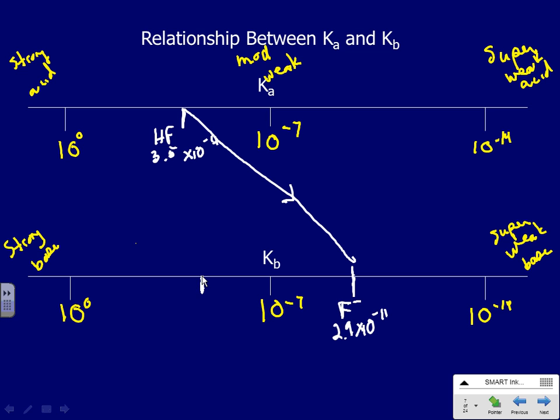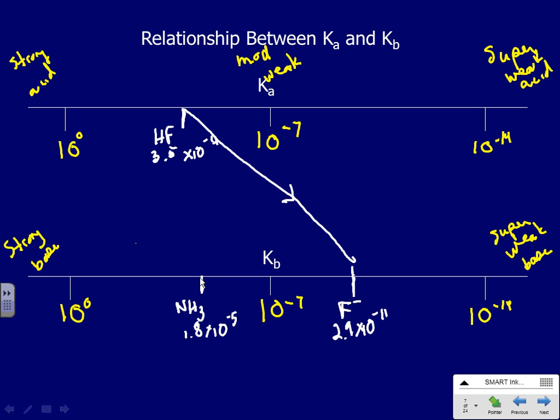I'm going to use white again because I'm going to be noting some other things in a moment. And that is NH3, and that is 1.8 times 10 to the minus 5. And notice that it's closer to 0 than minus 7. That's why it goes on the base side. It's a base. Its base properties are a little stronger than its acid properties. That's why it's better at being a base.